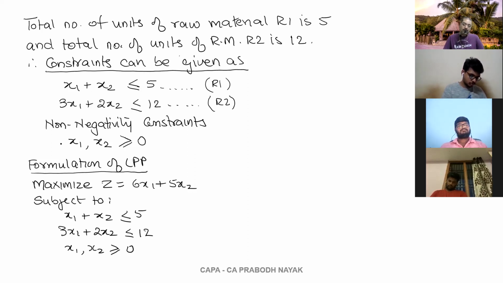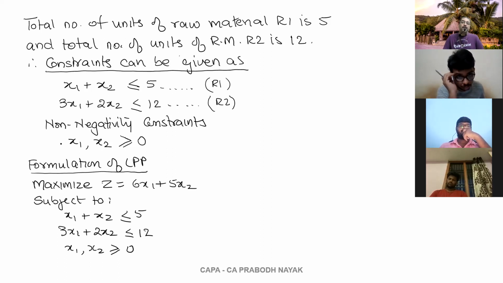Okay. Now the second thing that you note, and you have to keep your eyes open: if the function is to maximize, normally in 95 to 99% of the cases, your constraints will always be less than or equal to.